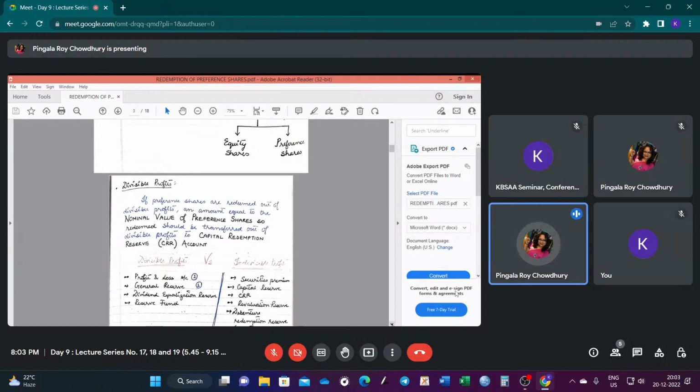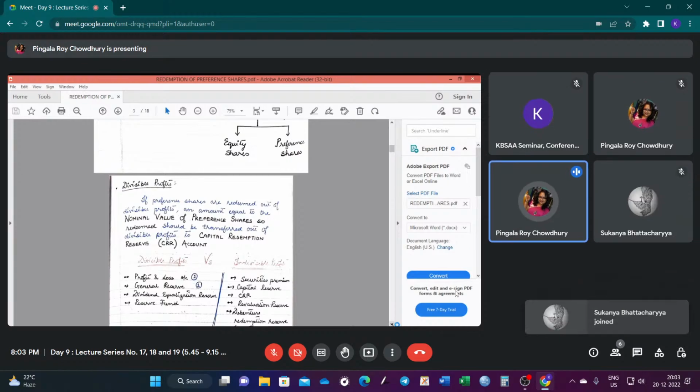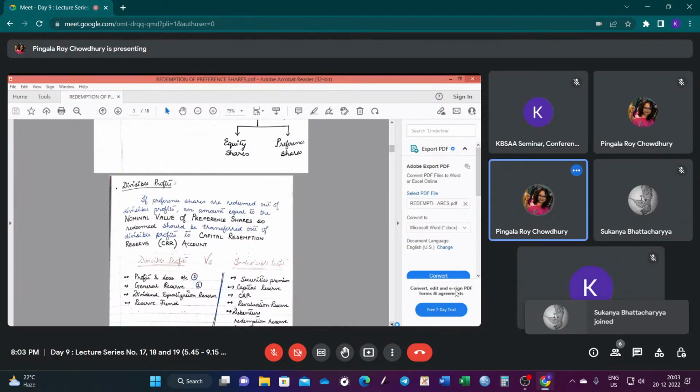Now, the section of the Companies Act says that if I am redeeming preference shares by utilizing the divisible profits to be very specific, then as soon as you take out an amount from the divisible profit, the company's reserve is getting down.